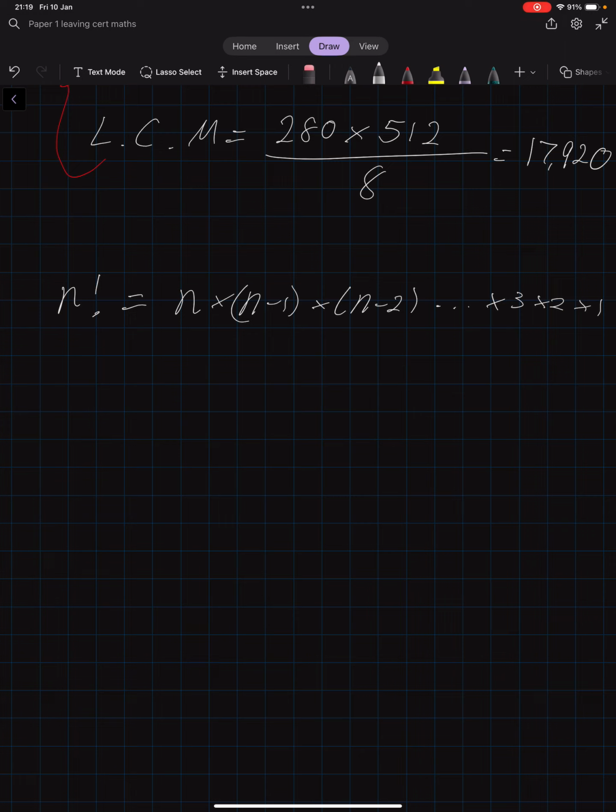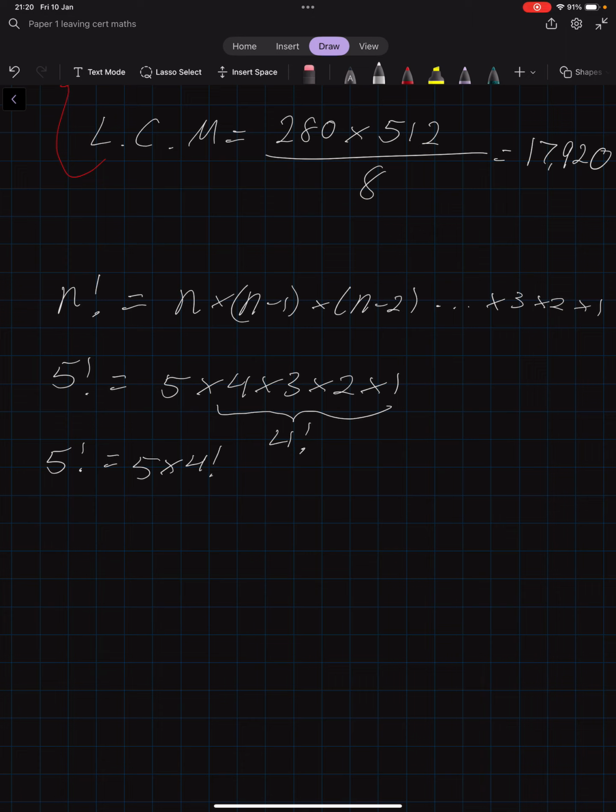So if we have 5 factorial, this is equal to 5 by 4 by 3 by 2 by 1. Okay. Also 5 factorial can be written as 5 multiplied by 4 factorial. So you can also just take a 5 out, if you like. So that's all that factorial means.